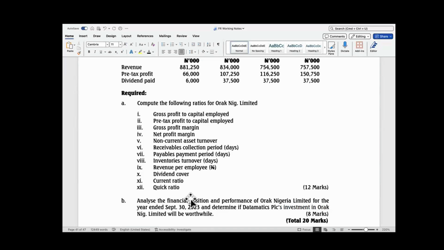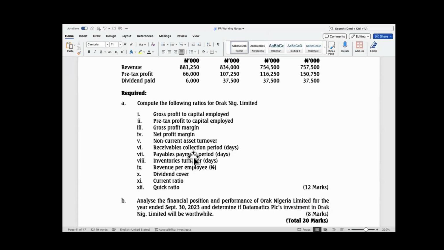worthwhile. So from the ratios we have computed, we can easily analyze the position and performance. And the easiest way for you to do it when they ask you to analyze is just for you to speak to each of the ratios you have computed.